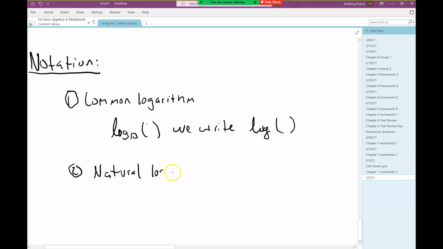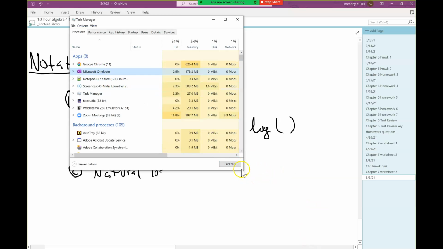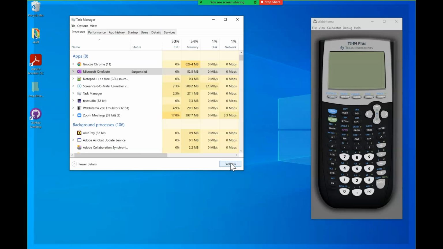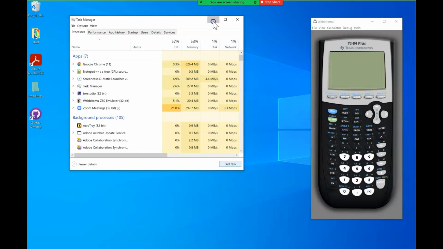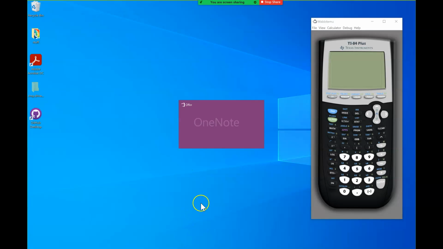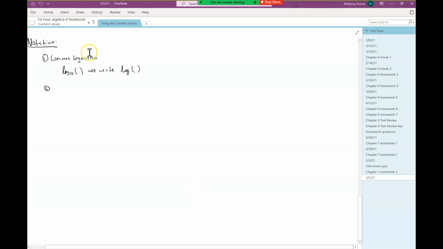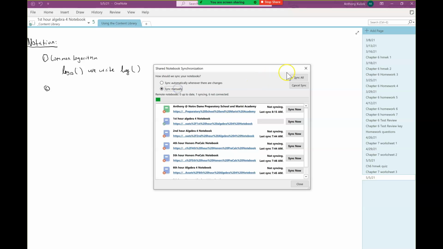Anybody know what's going on? Oh, I did it again. But I can't do anything inside of OneNote. And it's doing this. I don't know why it's being a dud. You know? Maybe it's this.